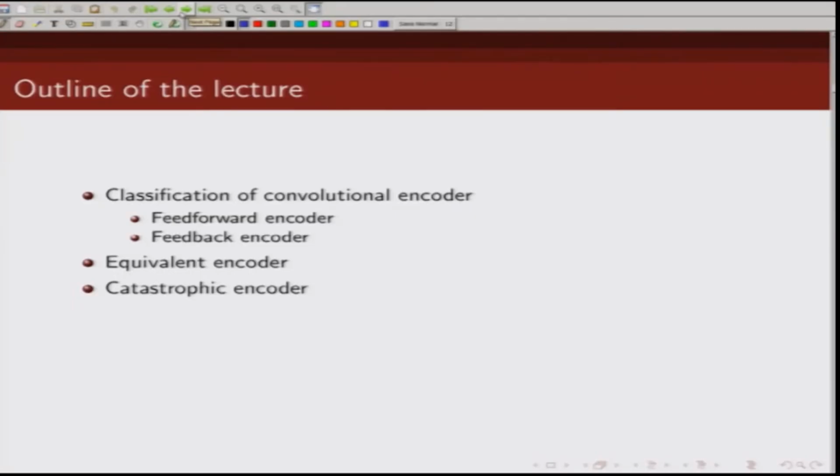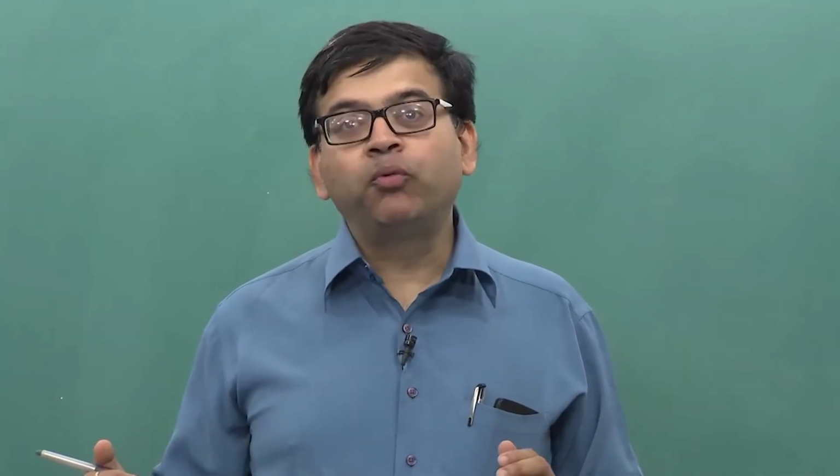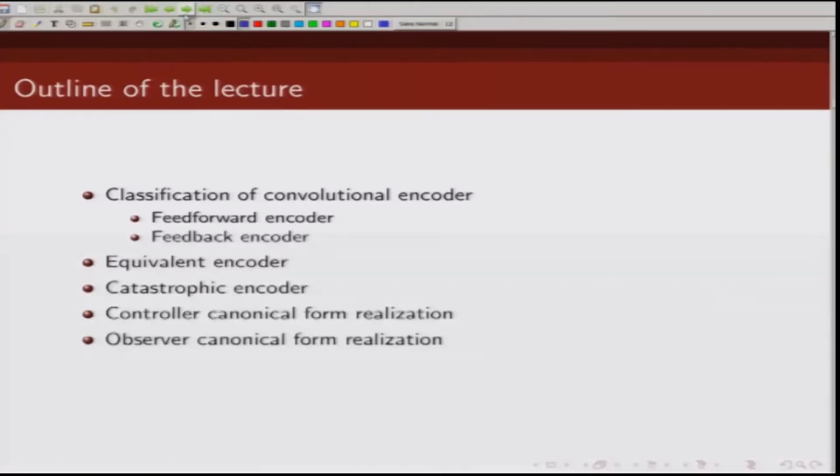Then we are going to talk about a class of encoder where, if the input bits are very high weight, we can still get an output code word of very low weight, and these kinds of encoders are known as catastrophic encoders. And finally, we are going to talk about two different types of realization of convolutional codes using shift register.